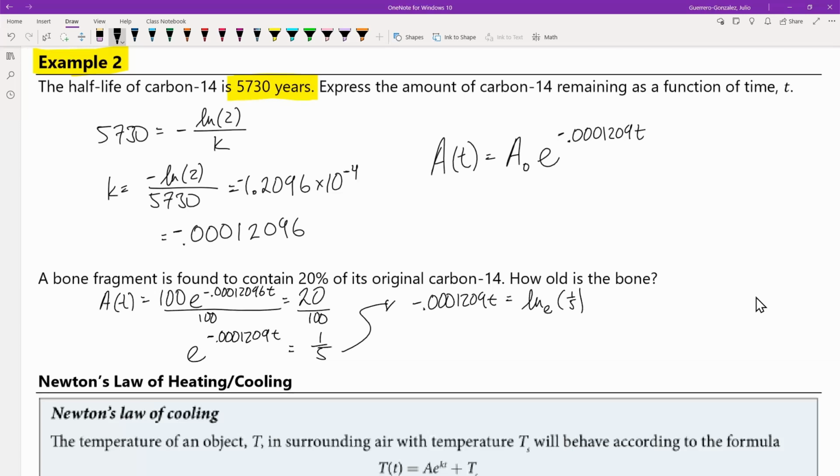I can now divide by my horrible decimal number right there. Divide by negative 0.00012096, not the t, sorry. So then our t is going to be the ln of 1/5 divided by negative 0.00012096.